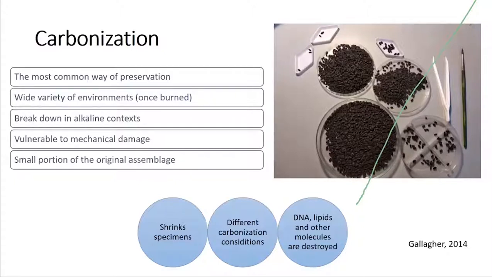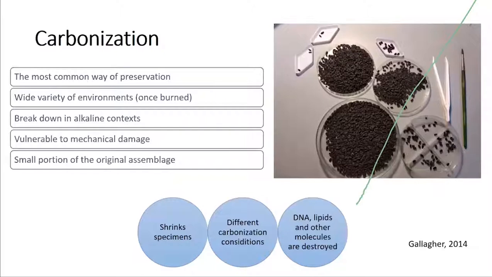And one of the, it's not a disadvantage, I don't know how to say, is that only a small portion of the original assemblage is preserved, because you can find carbonized plant remains only in ovens, in hearths, in fireplaces, which came to this context accidentally during cooking or firing.